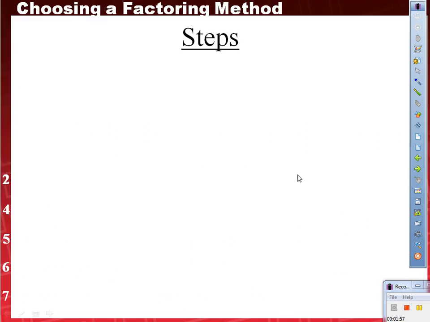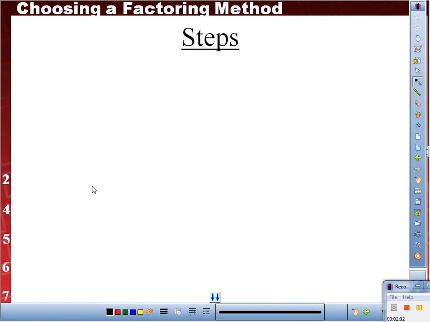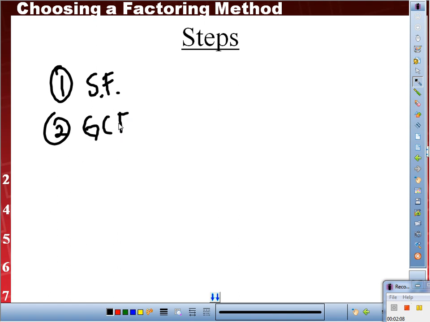Also, we know the steps by now. Tell your neighbor the first 2 steps that we always check for. Standard form and GCF. From there, when we go to step 3, of course, we do the Power Rangers and so on and so forth. For today, we're going to do a practice of some of the things that we've seen.